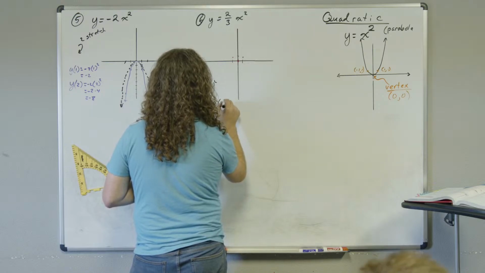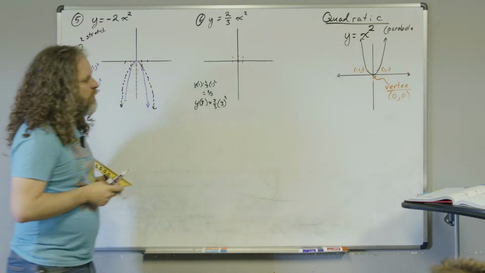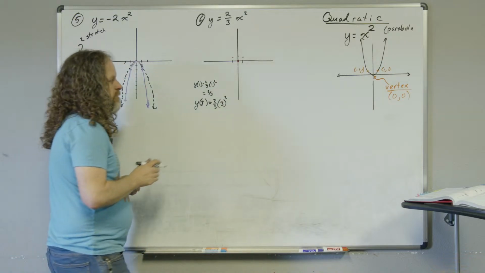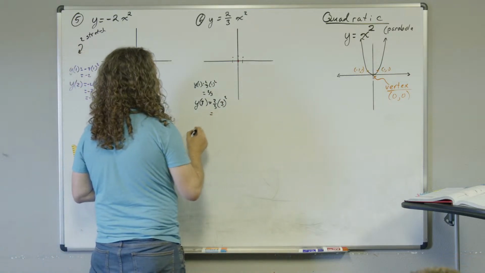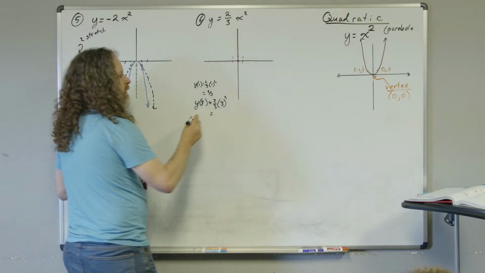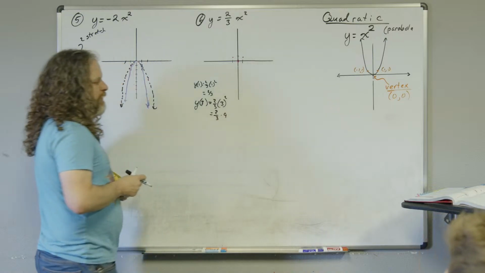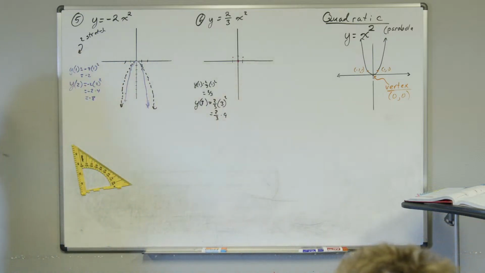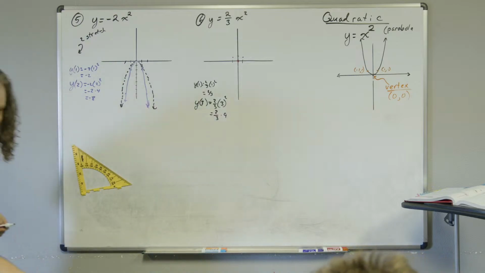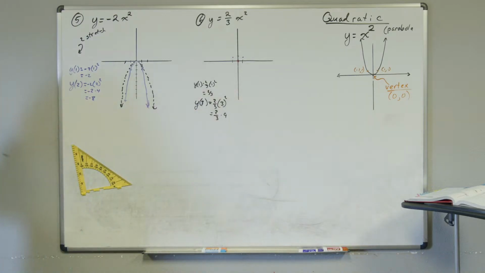What's 3 squared? 9. What's 2/3 of 9? It is 18/3, but that reduces. Wait, I got it right. It is 6.